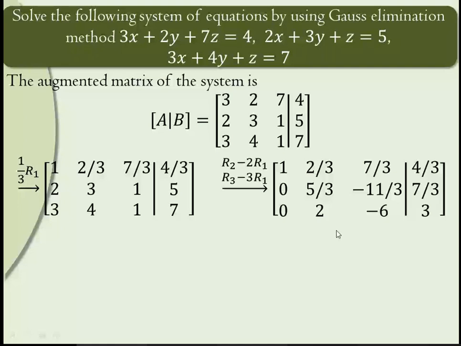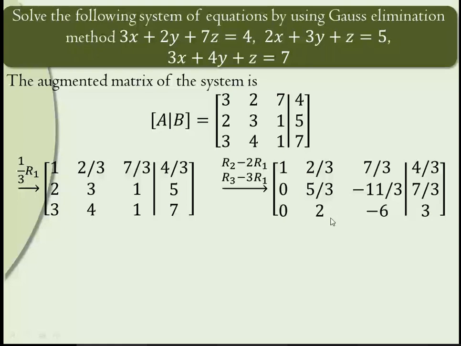Okay. Now after getting this, try to make this second row, second column element 1, and this we can make it 1 by multiplying it by 3 by 5. Here we have 5 by 3, but we want it 1. So multiplying it by 3 by 5.